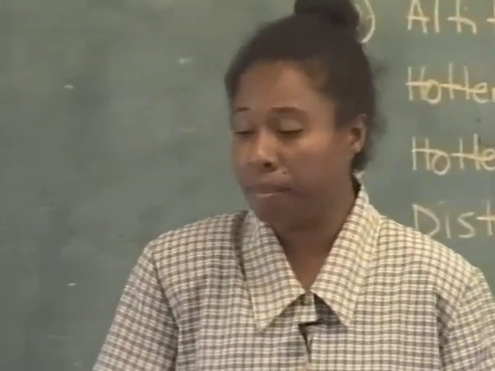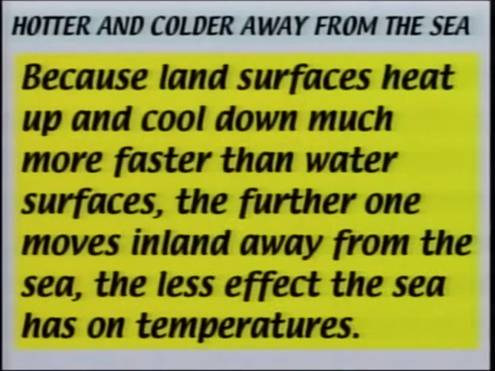But before we go on to looking at cloud cover, let's recap on what we have covered on distance from the sea. Generally, one can say it is hotter and cooler away from the sea. What does that mean? Because land surfaces heat up and cool down much faster than water surfaces, the further one moves inland away from the sea, the less effect the sea has on temperatures.